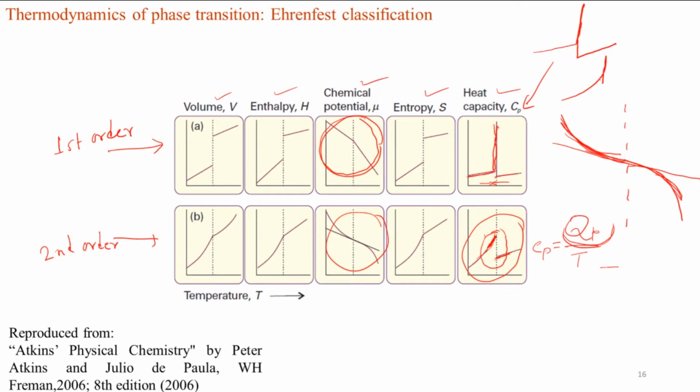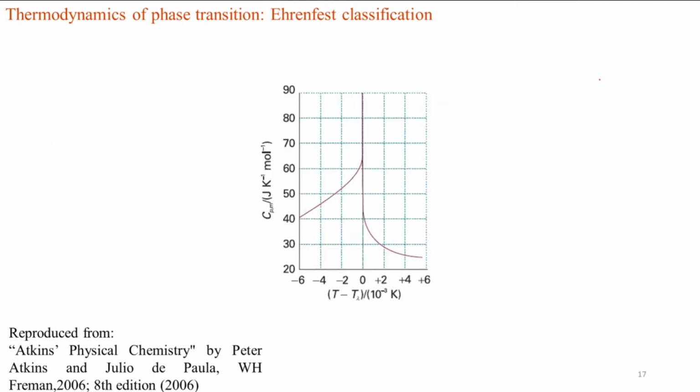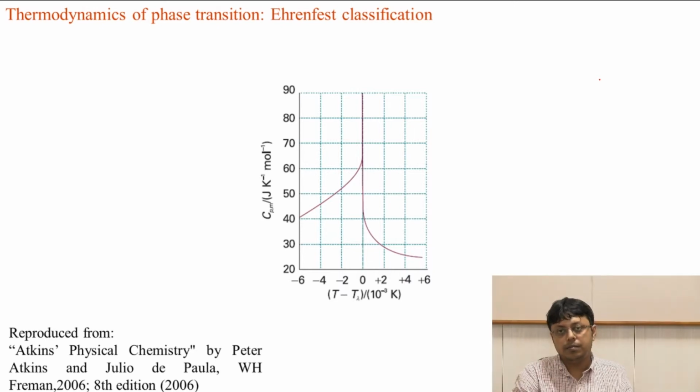So there could be a third possibility, which is neither first order nor second order. It is not second order in the sense that the slopes are discontinuous. Here I have a slope, and here I have a very, very different slope. However, if you look at it carefully, this is unlike the first order.